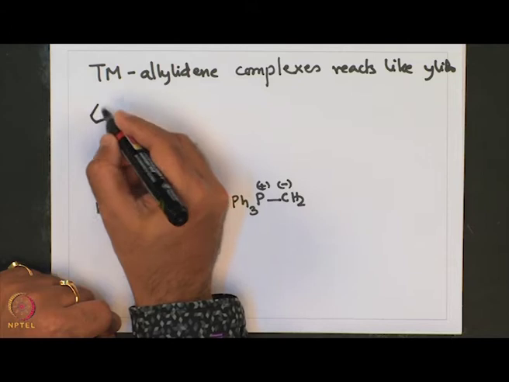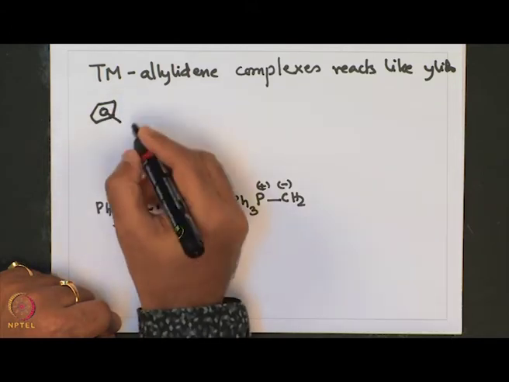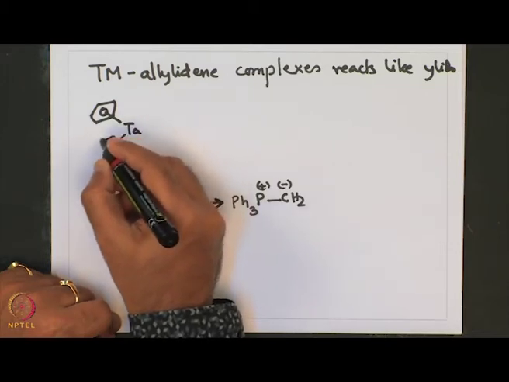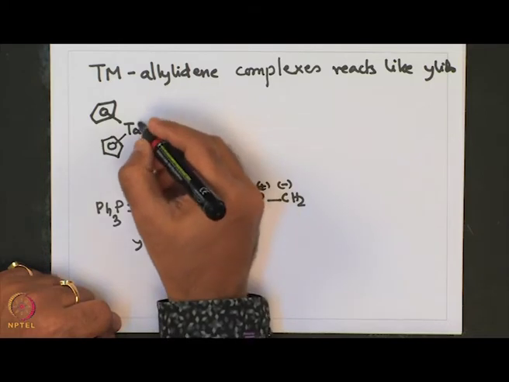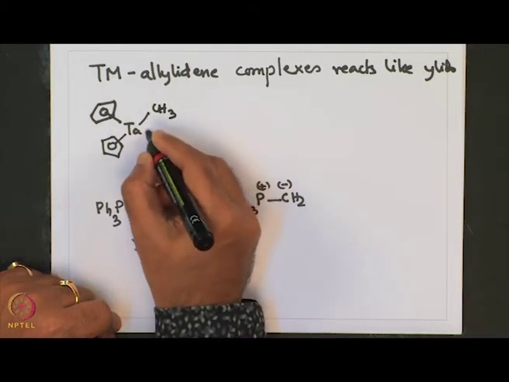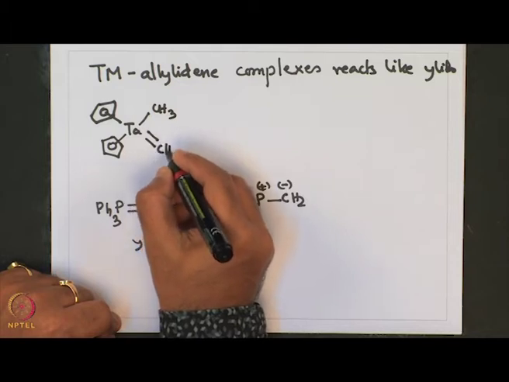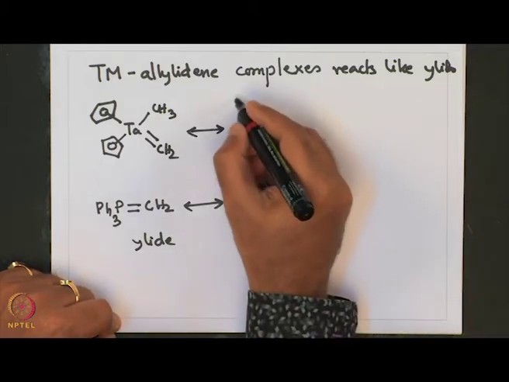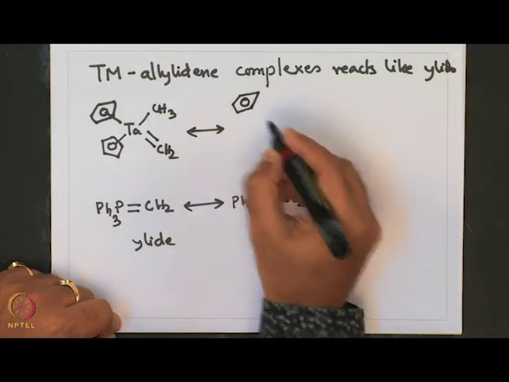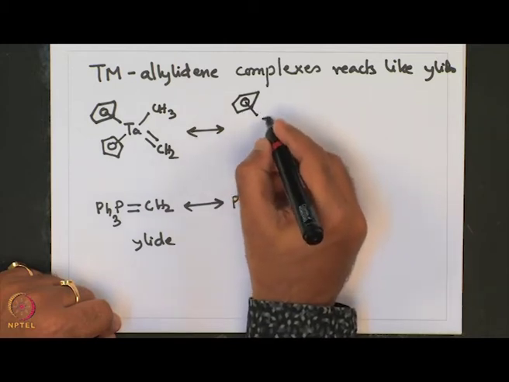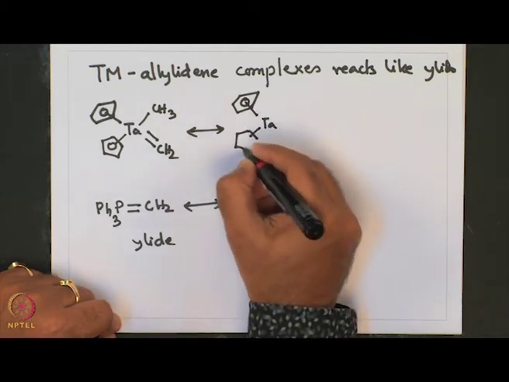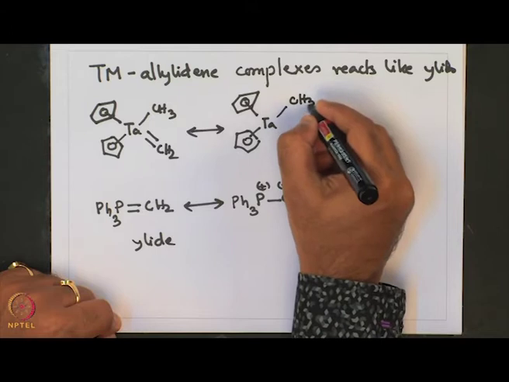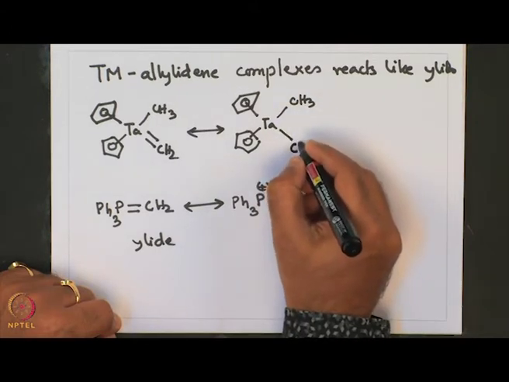Similarly, the same can be conceived of Schrock carbenes, for example, tantalum Cp2(CH3)=CH2, which can also exist in a resonance form, in a structure like that of an ylide.